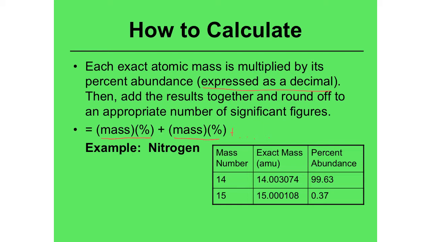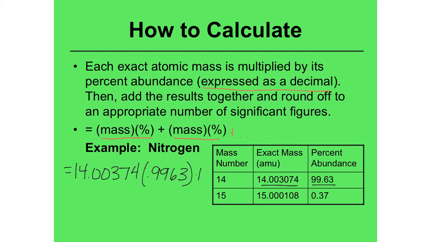So what we'll do here is we will take this exact mass times that percent as a decimal. We will write that all out: 14.00374 times 0.9963.